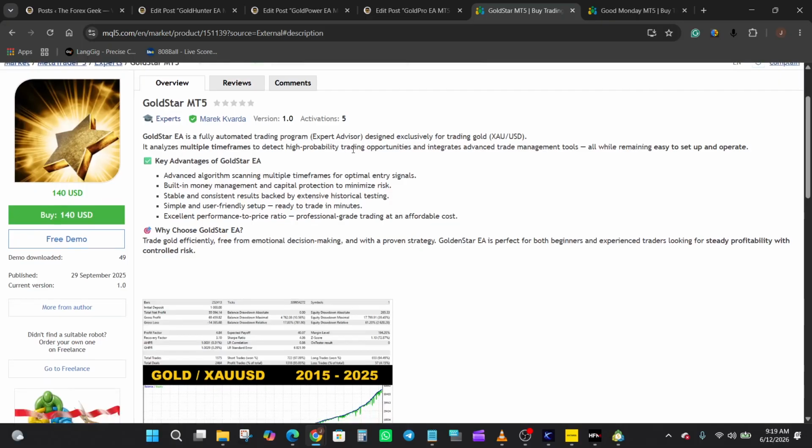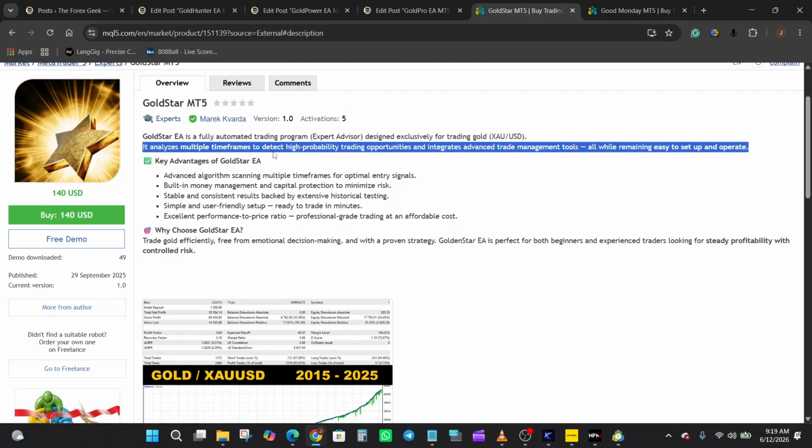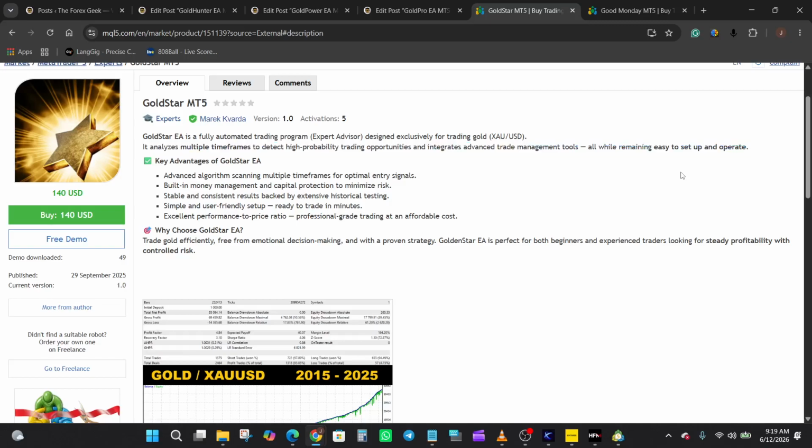You can see it analyzes multiple time frames to detect high probability trading opportunities and integrates advanced trade management tools, all while remaining easy to set up and operate. While the exact methodology behind those signals is not disclosed, the use of multiple time frame analysis is presented as a core part of the system's decision-making process.